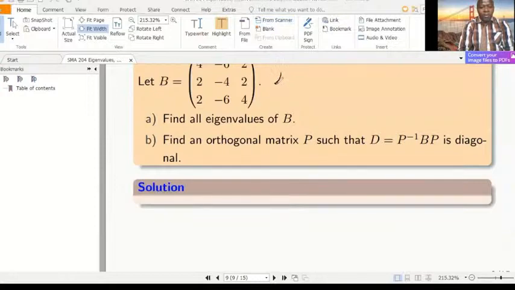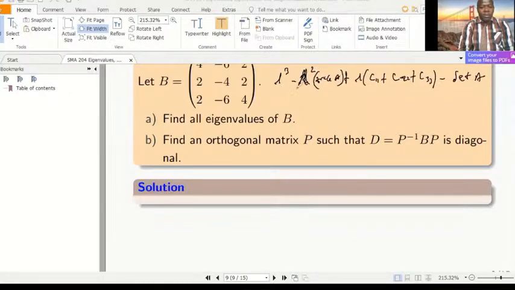The characteristic polynomial here will be given by lambda cubed minus lambda squared multiplied by the trace of A, plus lambda multiplied by the cofactor in position 1, 1 plus the cofactor in position 2, 2 plus the cofactor in position 3, 3, then minus the determinant of matrix A.